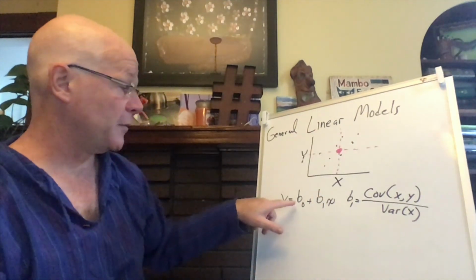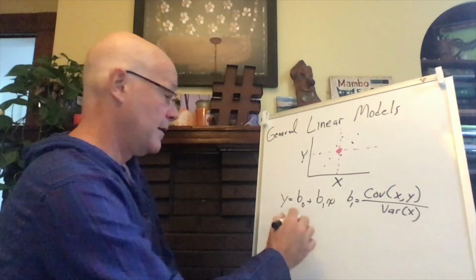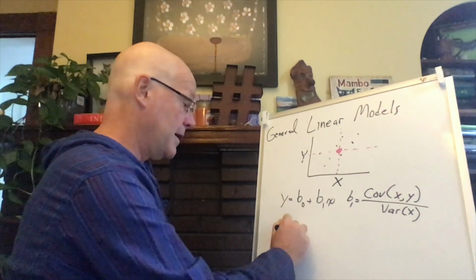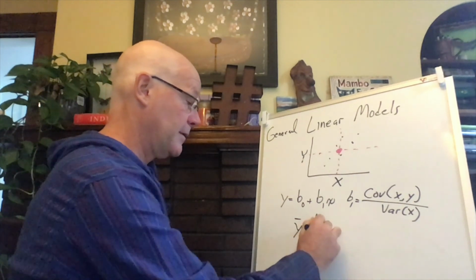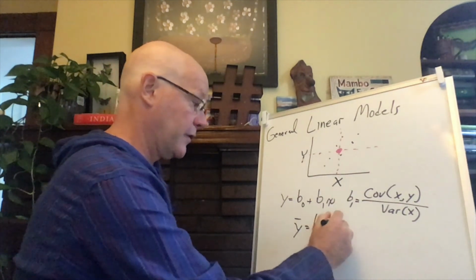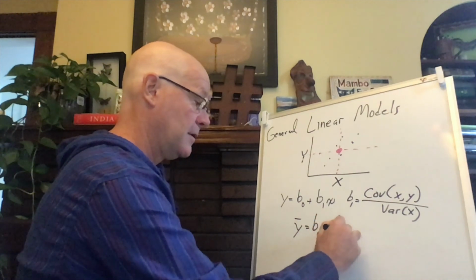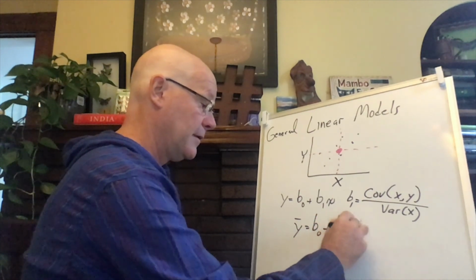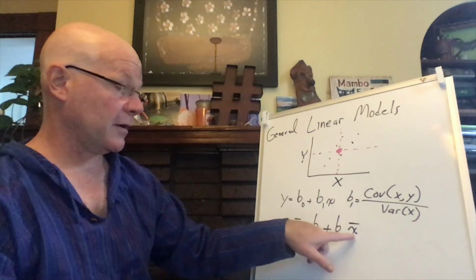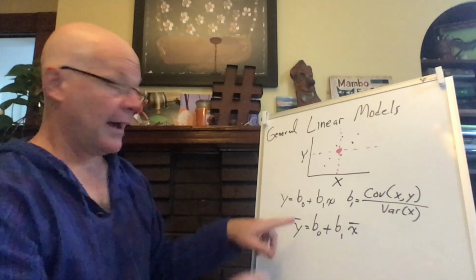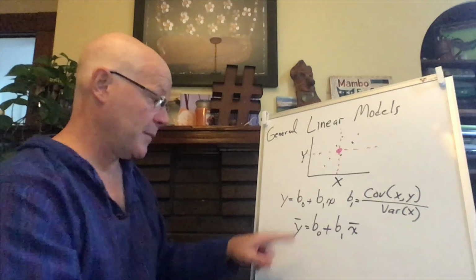So what we could do is solve for the intercept by saying the mean of Y equals the intercept plus our slope, which we have now, times the mean of X. And so all we have to do is calculate the mean of X and the mean of Y, and then just do a little bit of arithmetic, right?